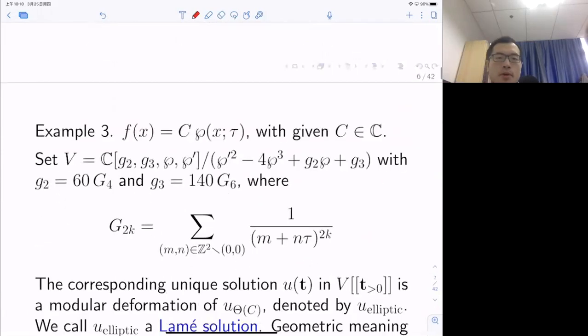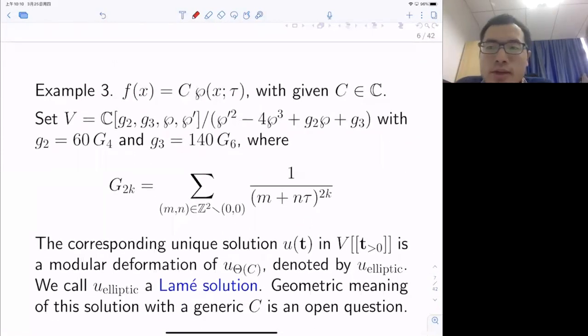The third example is when the initial data is given by the Weierstrass P function multiplied by a constant c, an arbitrary given parameter. In this case, it is convenient to set our ring to be the ring generated by the Weierstrass P function, P prime, and the Eisenstein series G2, G3, with the corresponding relation.